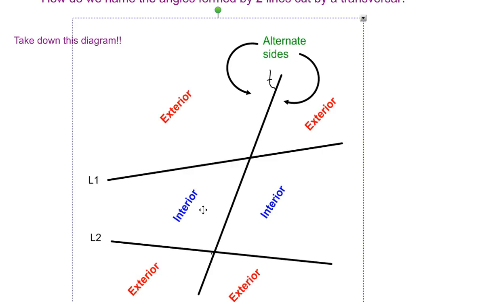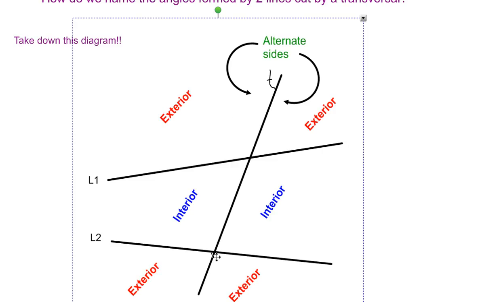So this space here is the interior of these two lines. What are these spaces over here in red? Those are exterior or outside those two lines, L1 and L2. So inside is interior, outside, exterior.